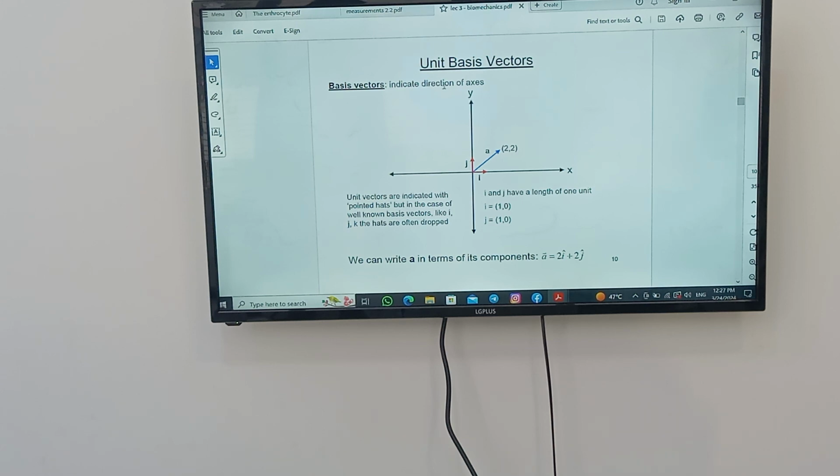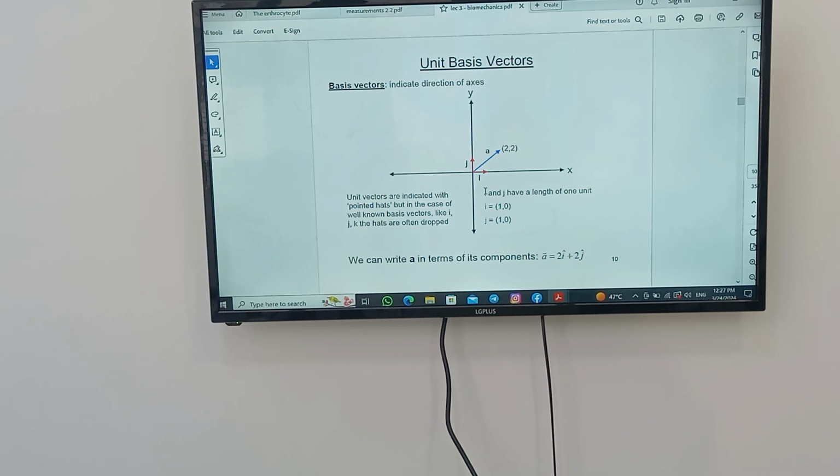Unit basis vectors. Basis vectors indicate the direction of axes. We have here the y-axis and here the x-axis. You can see the red line, which indicates the j and the i. The i and j indicate the direction of each axis, and they have a length of 1 unit.